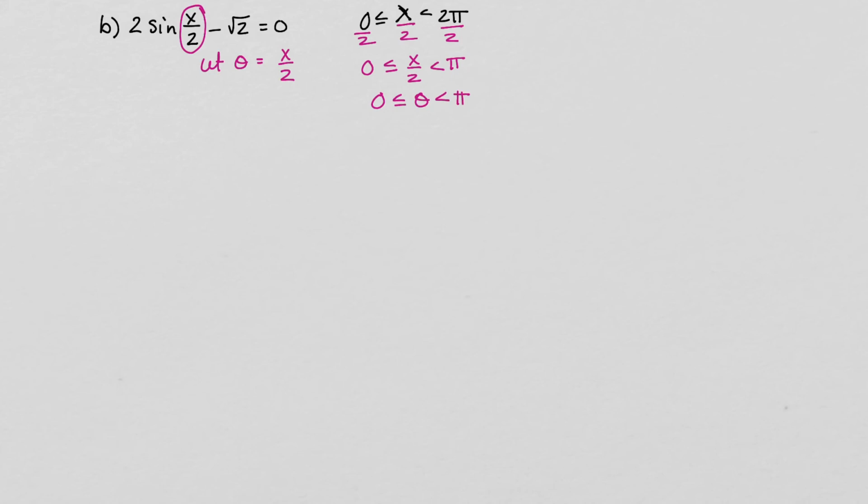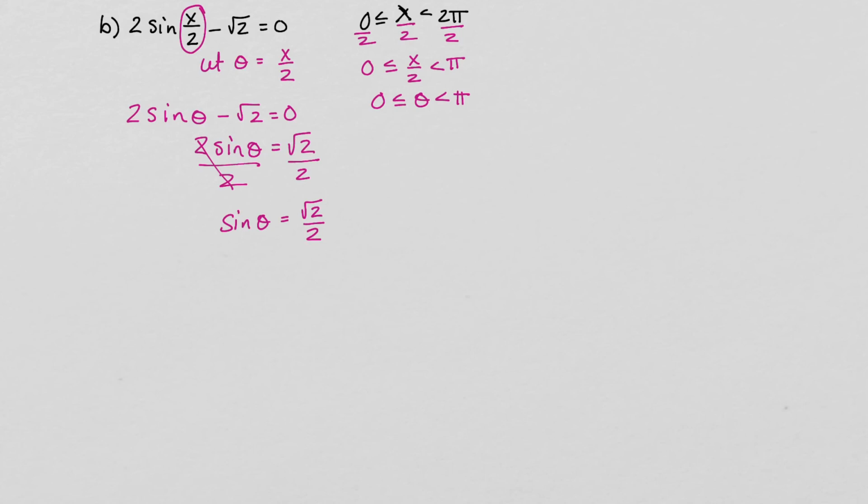So if I go back to my original equation, I have 2 sine theta minus root 2 equals 0. And so now I have 2 sine theta equals root 2. Divide both sides by 2. So the sine of theta is equal to root 2 over 2. And so now what this is saying is I only have to look between 0 and pi for my thetas.